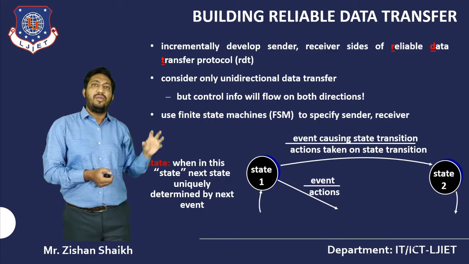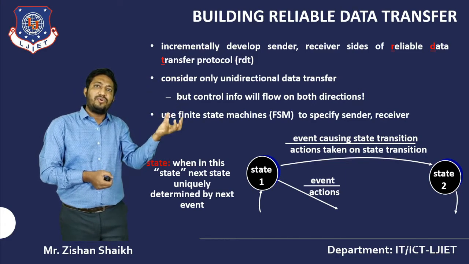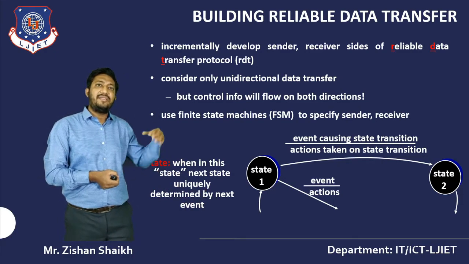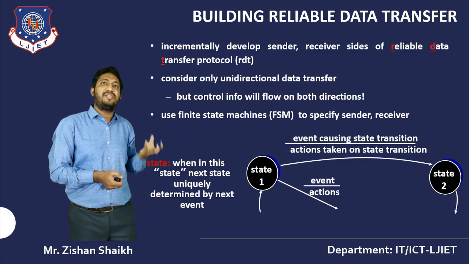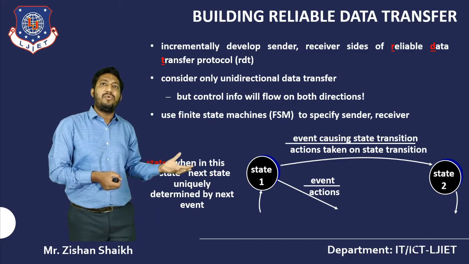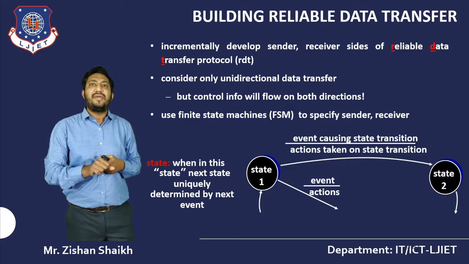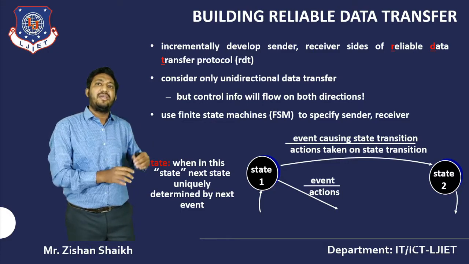The state is what is maintained when the data is transferring from the transport layer to our channel. At the receiver side, when the data is received, a particular state is maintained too. And in the background, events are happening.